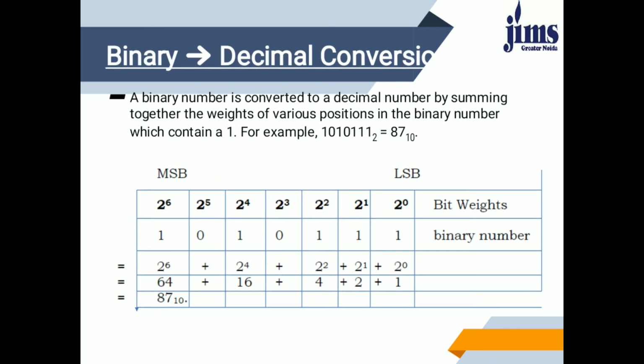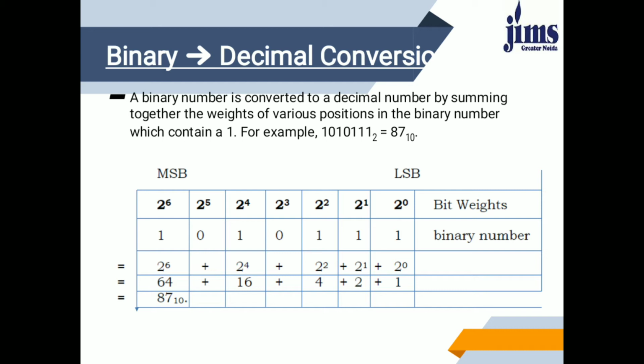Now, how can we convert the binary number back into decimal? To convert it, we use the concept of polynomial notation. In polynomial notation, every digit is defined by its weight.